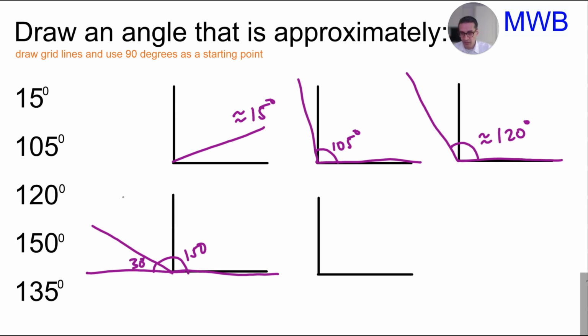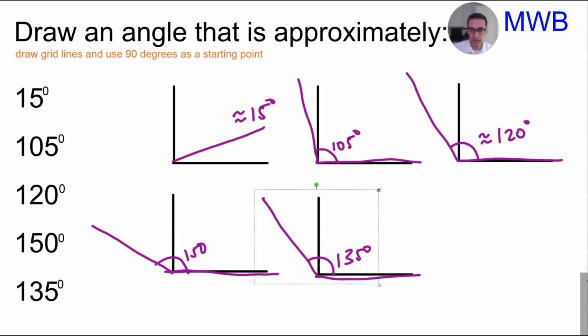So I can imagine this bit on the bottom and then think, okay, that's going to be 150. And then for 135, it's going to be in between 150 and 120. So it's going to roughly look something like that, or maybe slightly more. So these are just sketches of these angles, but it gives you a rough idea.